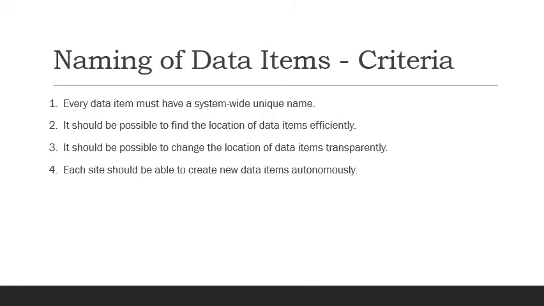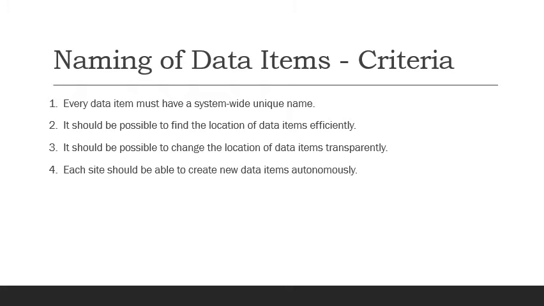Now let's see some naming conventions in distributed databases. The data items such as relations, fragments, and replicas must have unique names. This property is easy to ensure in a centralized database, but in a distributed database, however, we must take care to ensure that two sites do not use the same name for distinct data items.